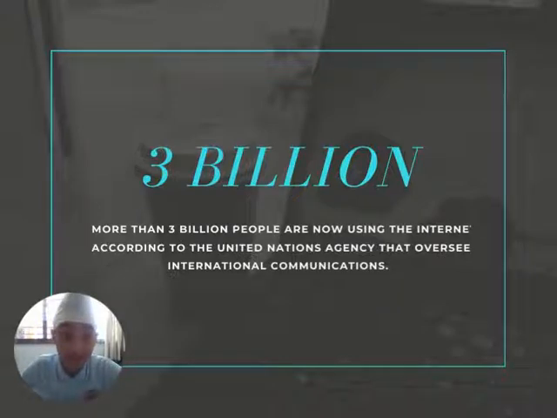More than 3 billion people are now using the internet today, according to the United Nations agency that oversees international communications. So just imagine we have almost 8 billion people in the world, and only 3 out of 8 are using the internet every day, which means we have proof here that some people don't even get to use the internet.